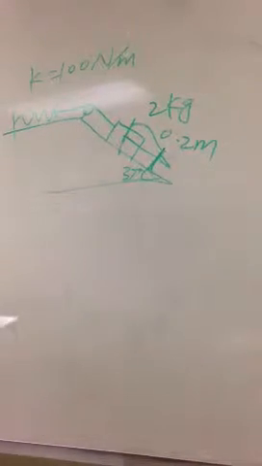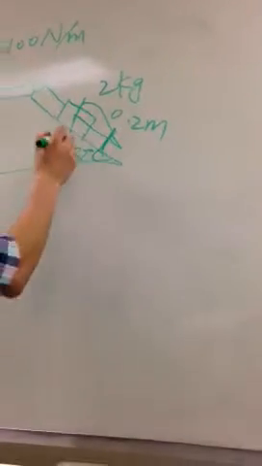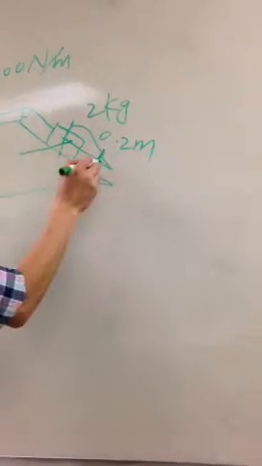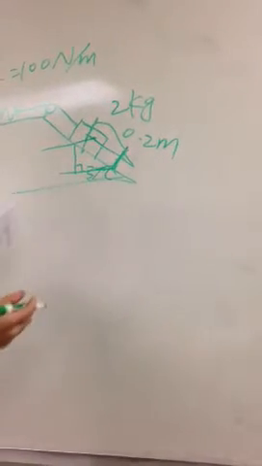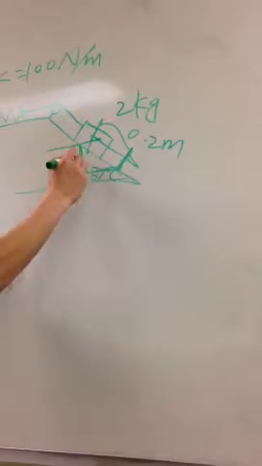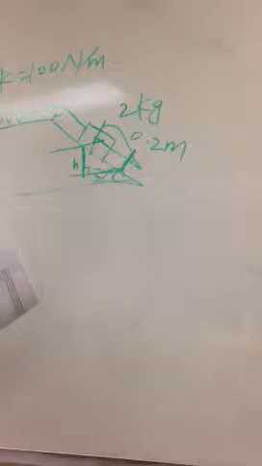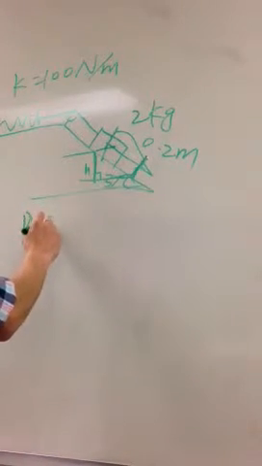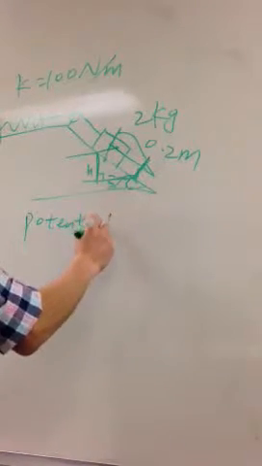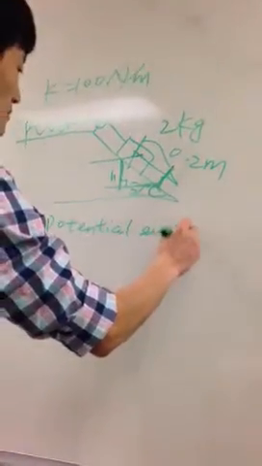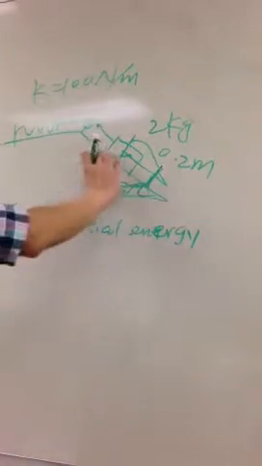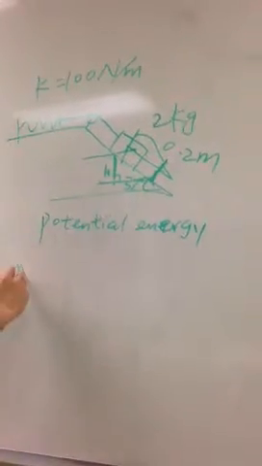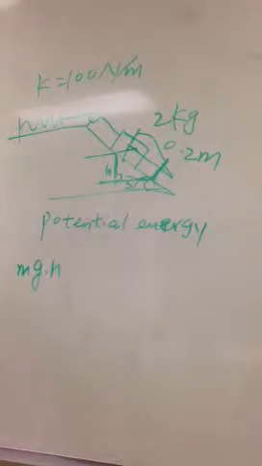So we need to analyze according to the energy. At the beginning, move from here to here, you need to calculate the height change, right? So at the beginning, it only has potential energy. You can determine that by the height. And it will be mgh, right?